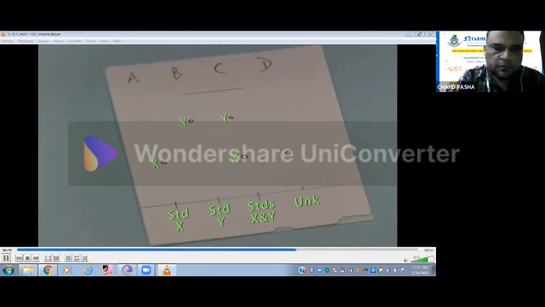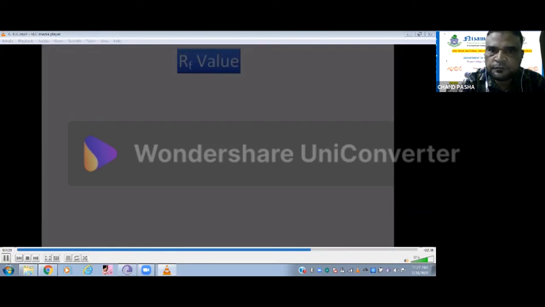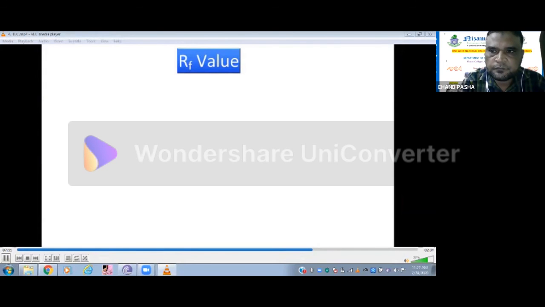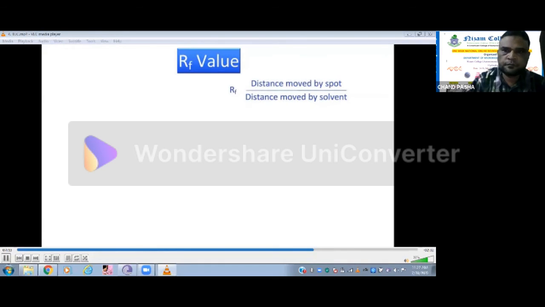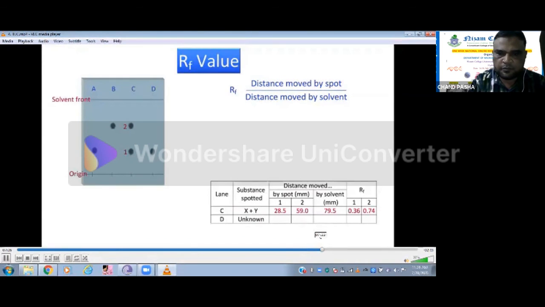So here the first spot is X, the second is Y, and the third is the X and Y unknown. As its RF value corresponds with X, it is X. This is how to calculate. Anyhow, we have seen this part.